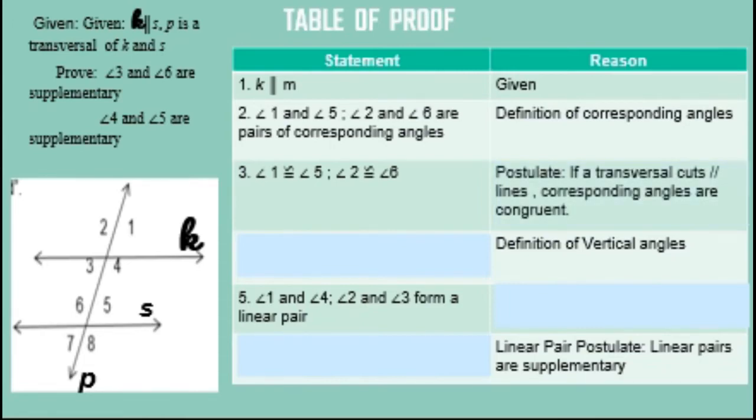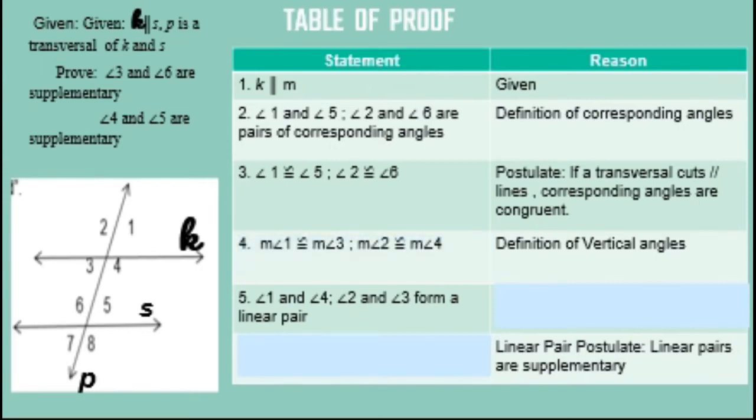Very good. We have postulate: if a transversal cuts parallel lines, corresponding angles are congruent. How about the missing statement for number 4? We have the reason definition of vertical angles.